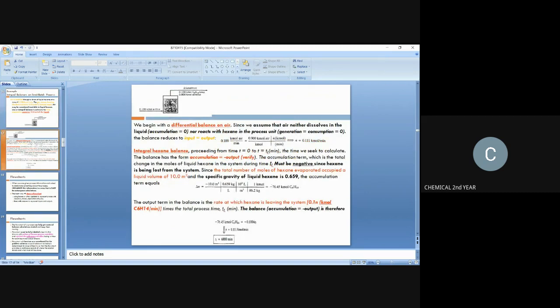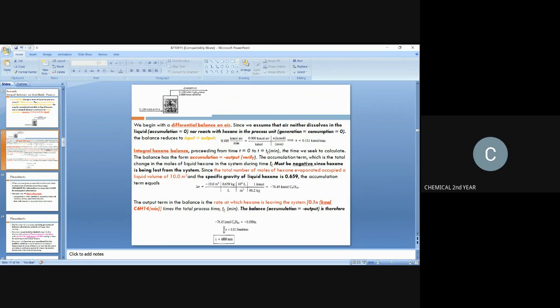Since we assume that air neither dissolves in the liquid, accumulation is equal to zero. Air is not generated or consumed in the process unit, so generation is equal to zero. The balance reduces to input is equal to output. 0.1 kilomole air per minute is equal to 0.9 n kilomole air per minute, which, if we simplify this, we will get n is equal to 0.11 kilomole per minute.